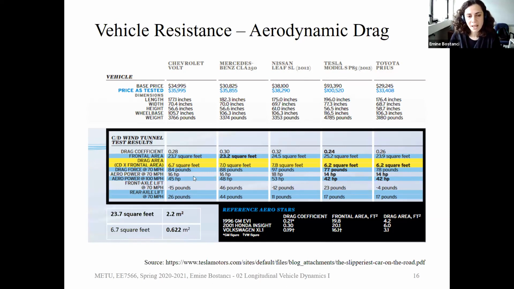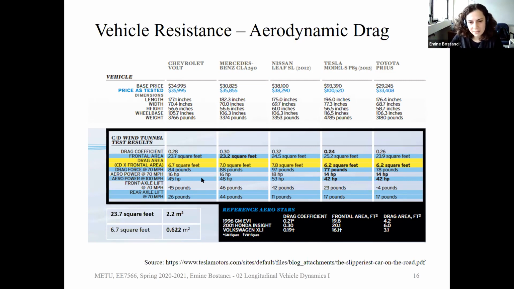Moreover, the frontal area is also important. But the frontal area is a little bit tricky because as you make the frontal area smaller, then you also cannot see outside. So there will be a comfort related problem and a security related problem. You should be able to see what is happening outside. So that's why there is a minimum. You cannot really decrease it much further.